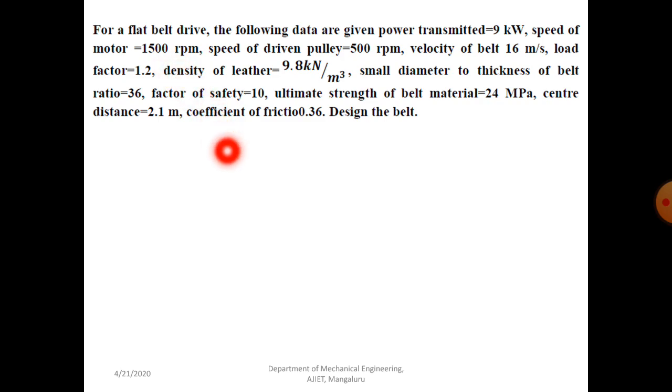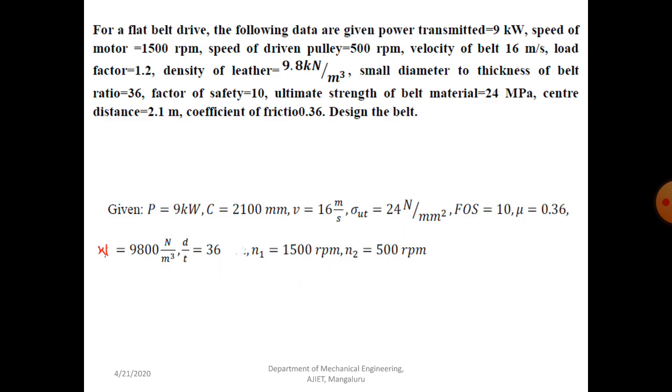So we'll see one by one what the given data are here. The given data P is equal to 9 kilowatt. So power transmitted is given. It is the power to be transmitted from one shaft to another shaft, given as 9 kilowatt. And the distance, how long you can transmit the power, that is the distance between the centers of the two pulleys, that is 2.1 meter.